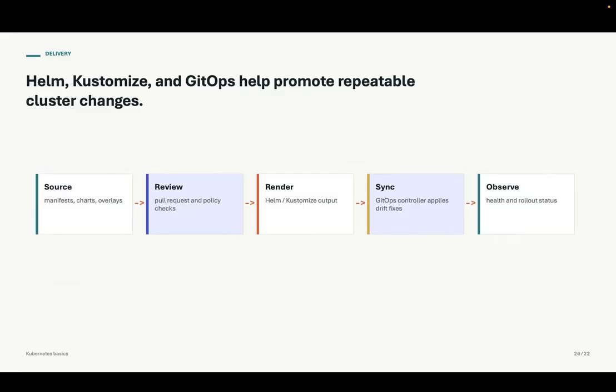The common delivery flow is that developers only change and manage the manifests, and the change is reviewed, managed, and approved in a pull request. Then automatically the policy checks run, then the final configuration is rendered. Then the GitOps controller, which is part of the control plane, ensures that those requested changes are applied to the cluster.